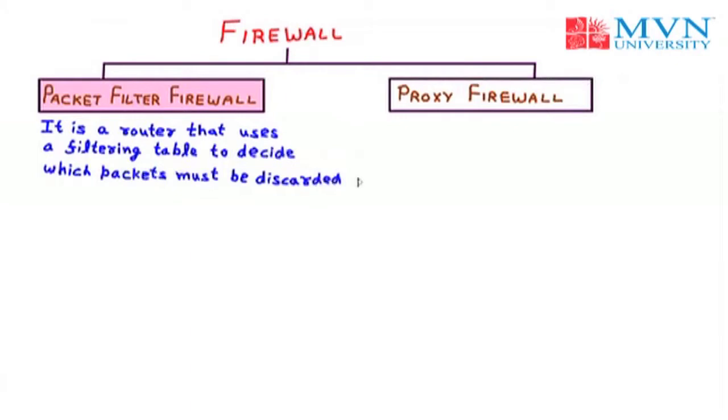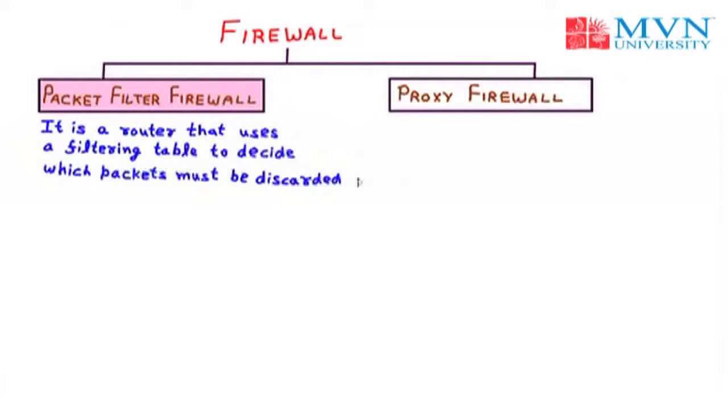It can forward or block packets based on the information in the network layer or the transport layer headers. Source and destination IP addresses, source and destination port addresses, and types of protocol may be used to forward or discard the packets with the help of this packet filtering firewall.